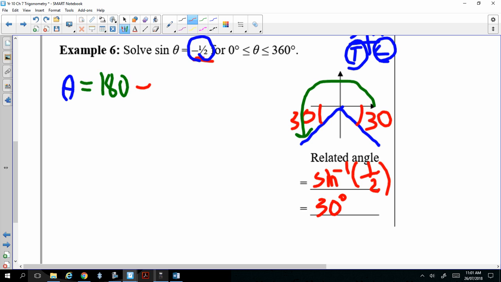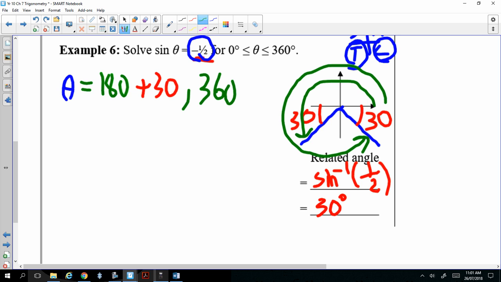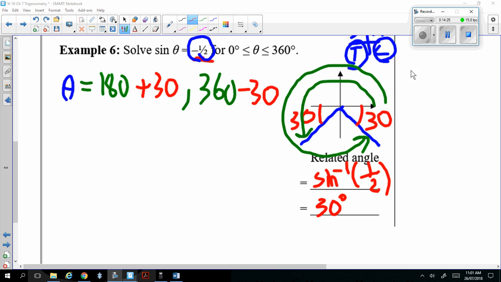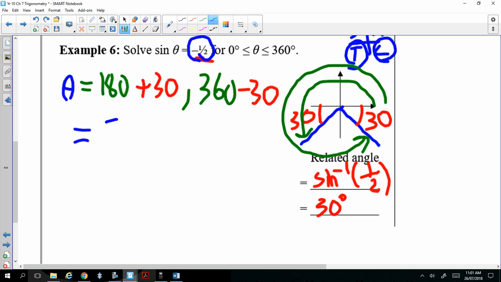Or, to get the other angle, you do 360 subtract the related angle. All right, next. What's 180 plus 30? 210. And what's 360 minus 30? 330. So we got it. These are the two angles.